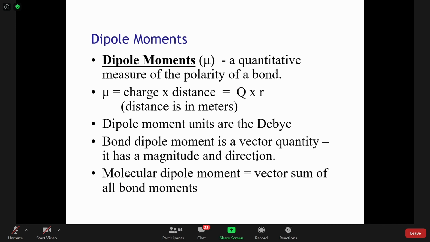But if we think about the polarity of our overall molecule, some molecules do have dipole moments. Some molecules are polar, some are not. Whether or not a molecule has a dipole moment is going to depend on the vector sum of all of its bond moments.